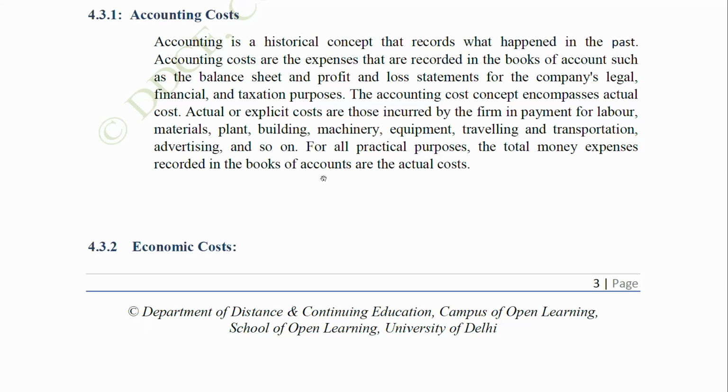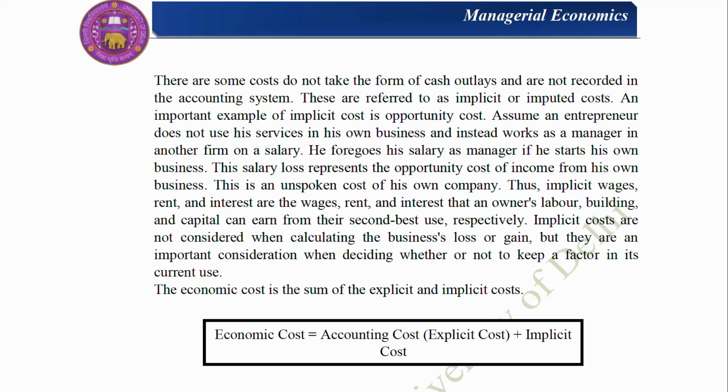Actual or explicit costs are those incurred by the firm in payment for labor, materials, plant, building, machinery, equipment, traveling and transportation, advertising, and so on. For all practical purposes, the total money expenses recorded in the books of accounts are the actual cost.